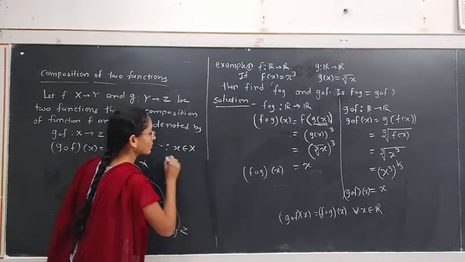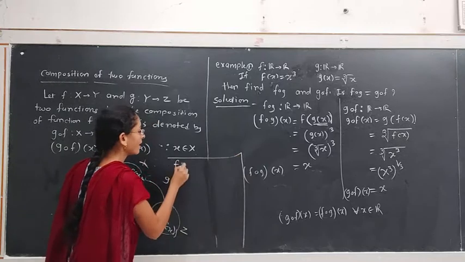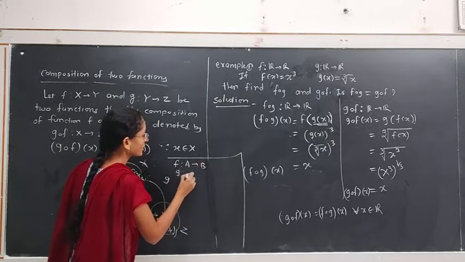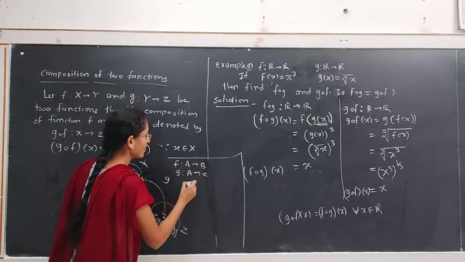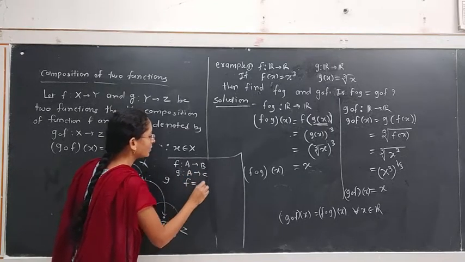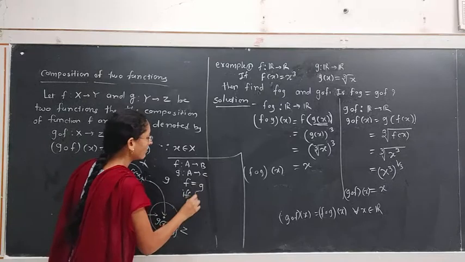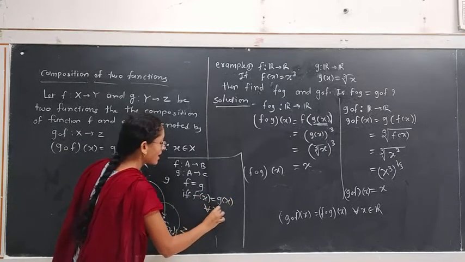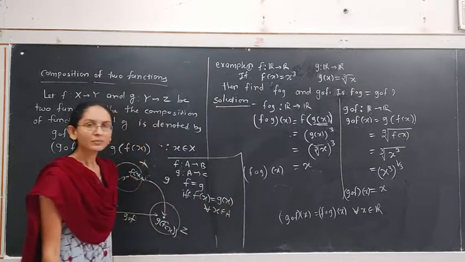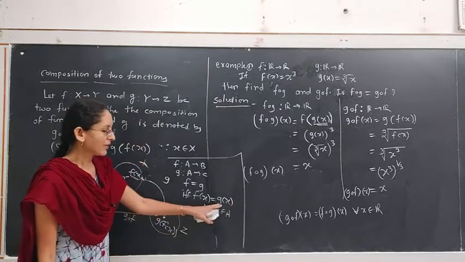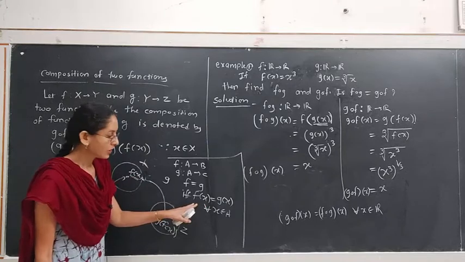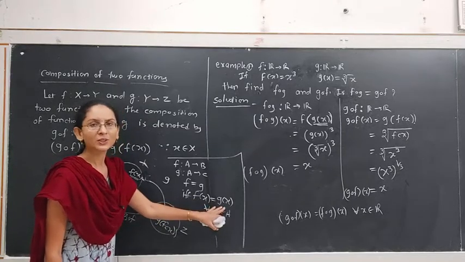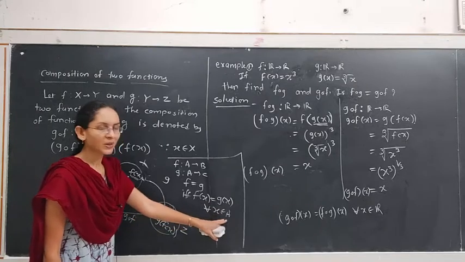When we say two functions are equal, if f is a function from A to B and g is a function from A to C, then f equals g if and only if f of x is equal to g of x for all x belonging to A. This means the range of f and g are both the same. Also, f of x takes the same value as g of x for all x belonging to A.